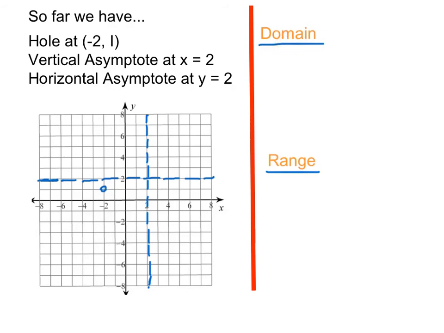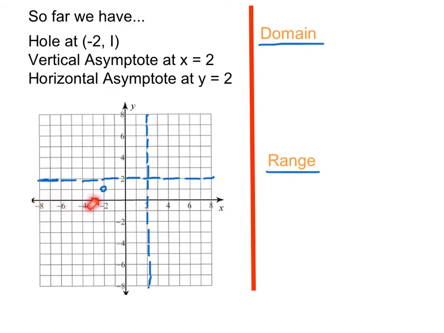You recall that domain is the set of all x values that are allowed for this function, from negative infinity to infinity. We know that x value is not allowed at the hole and also at the vertical asymptote.